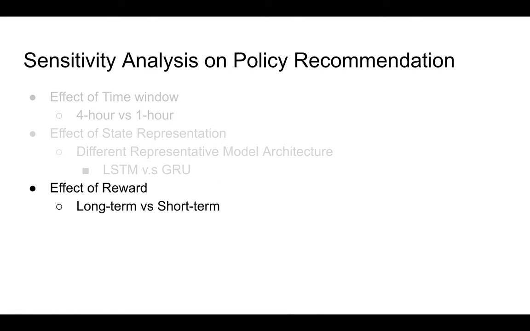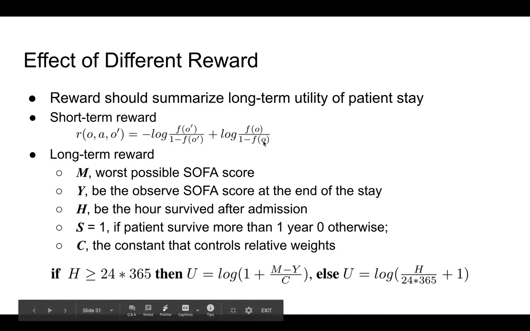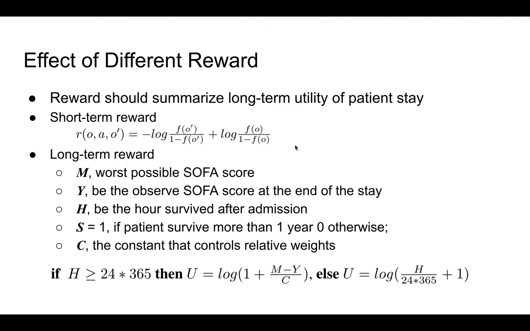Finally, we are interested in the effect of long-term versus short-term reward. Ideally, a reward function should summarize the long-term utility of the patient state. But the reality is that researchers usually use a short-term reward at each time step because it is easier to estimate the association between short-term reward and action.